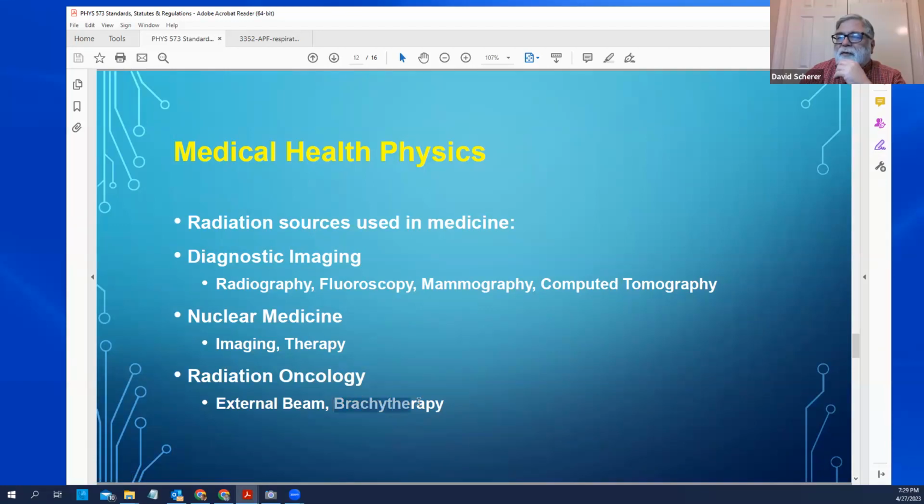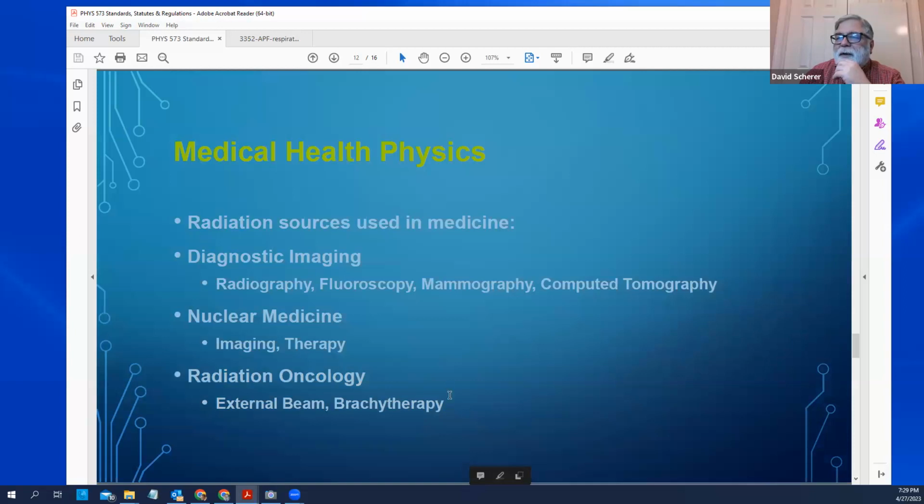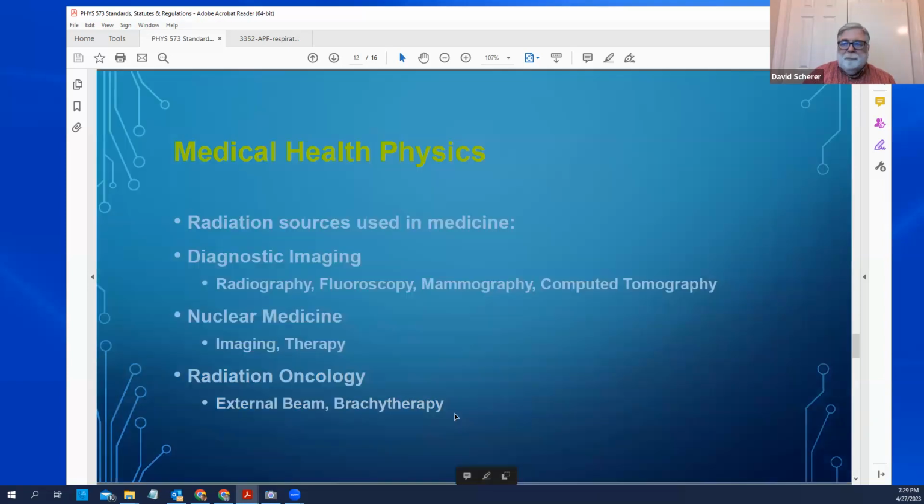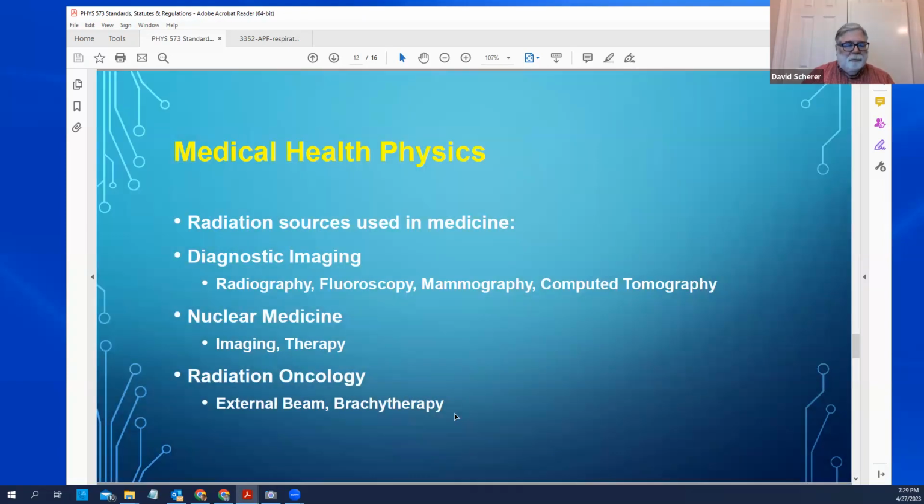Brachytherapy is the use of sealed sources for radiation therapy. And so small sealed sources can be placed very close to the tumor or embedded in the tumor and deliver high doses. These sources can be either temporary or permanent. They can be placed in the patient for the rest of the patient's life, essentially.